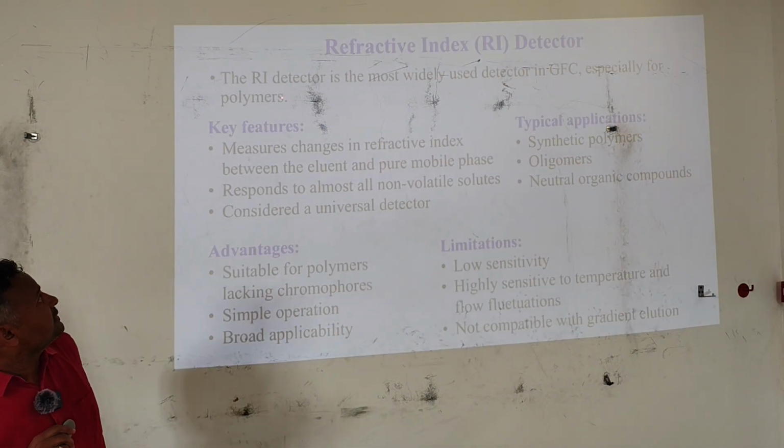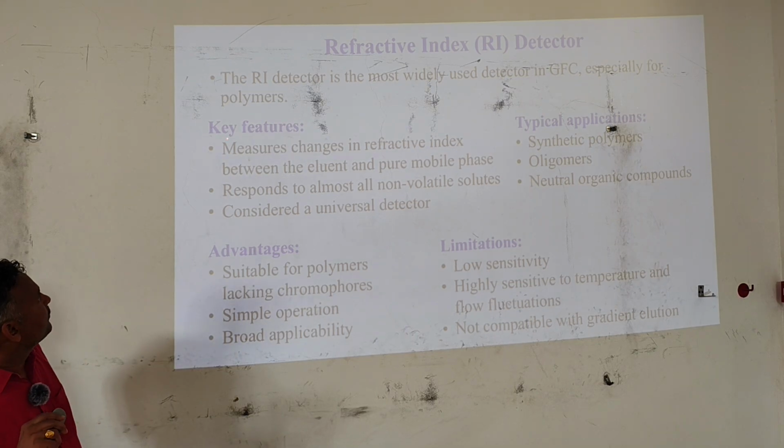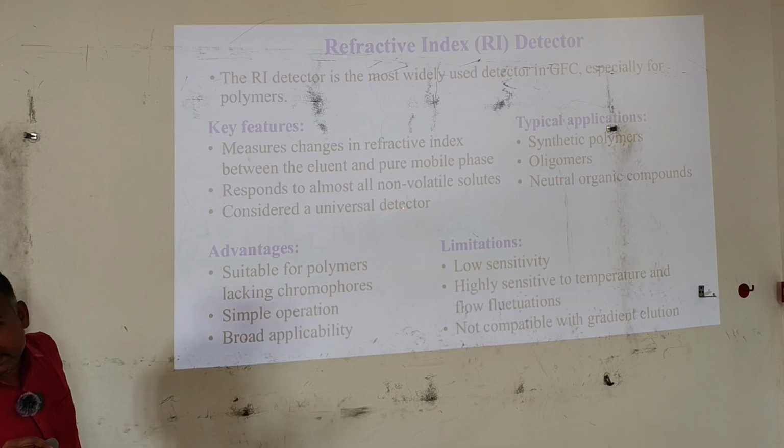Now, refractive index detector is the most widely used detector in GFC, especially for polymers. Key features: measures changes in the refractive index between eluent and pure mobile phase, responds to almost all non-volatile solutes, considered a universal detector.